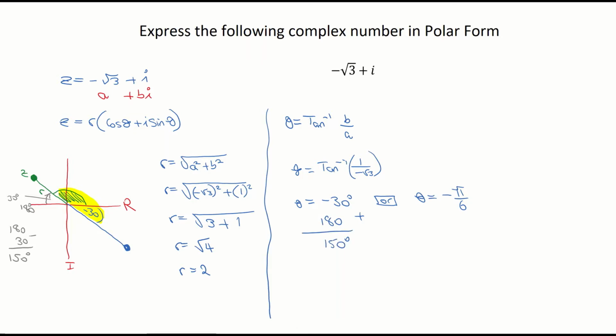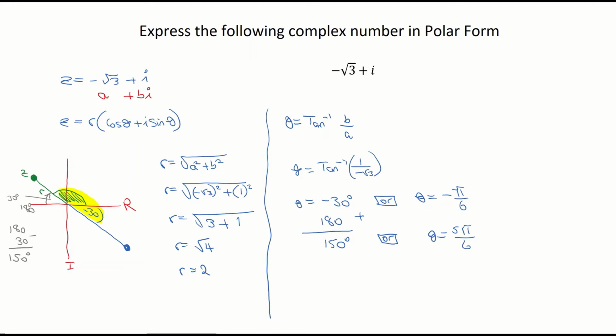So there's two or three different ways you can get to your 150 degrees. If I'm using radians, my angle would equal the equivalent, which will be 5 pi over 6, won't it? So we'll write that in as well. So 5 pi over 6.